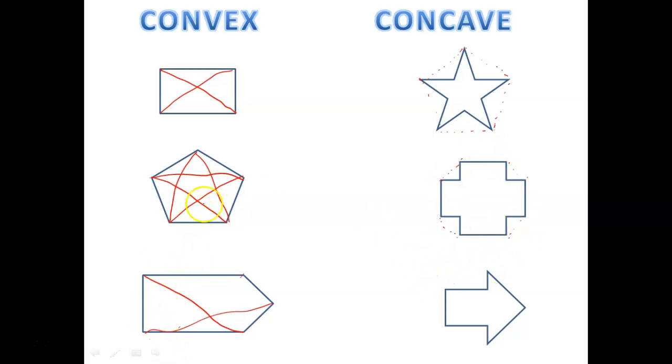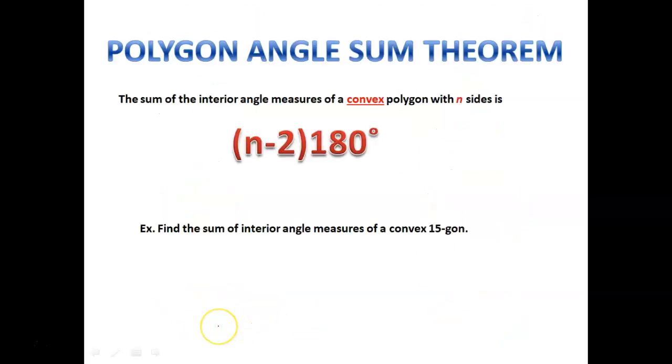A good way that I've always taught my students to remember the difference between convex and concave: if you get to concave, I always think of a figure being caved in, like the star is caved in, if that makes any sense. I hope it does, guys. So these are all concave figures, this figure and this figure. These are convex.